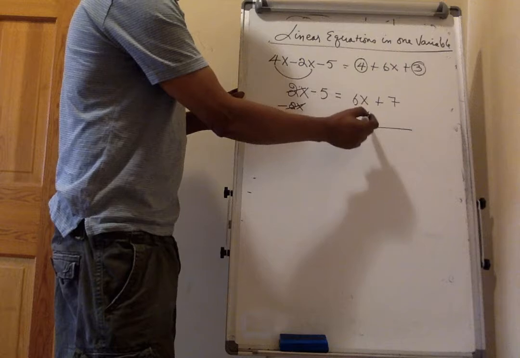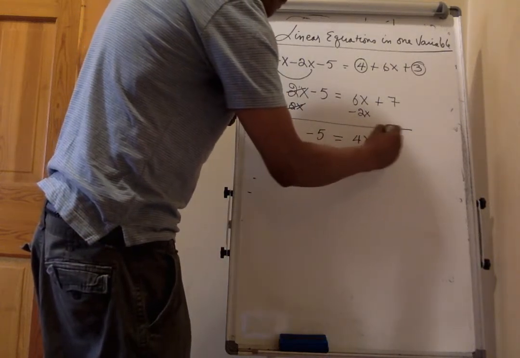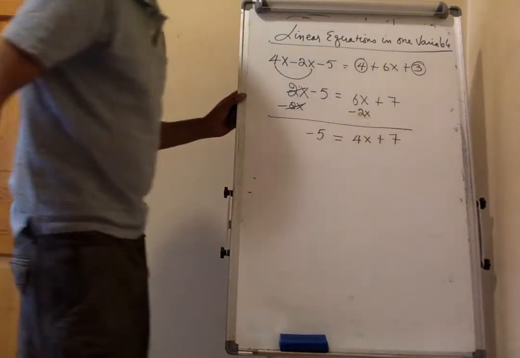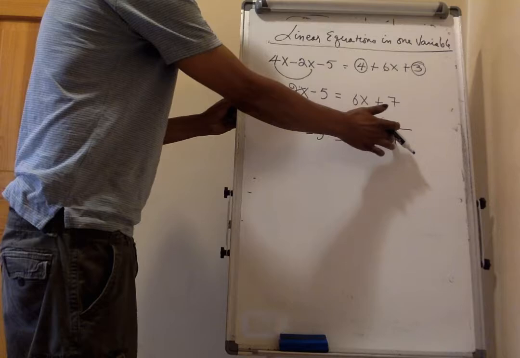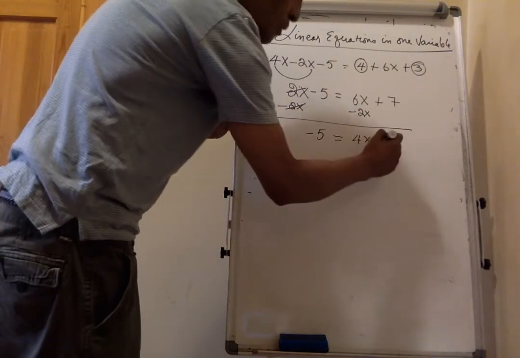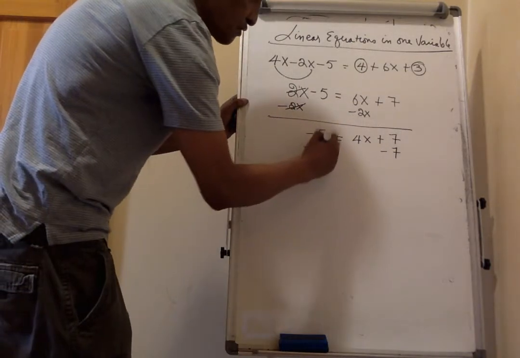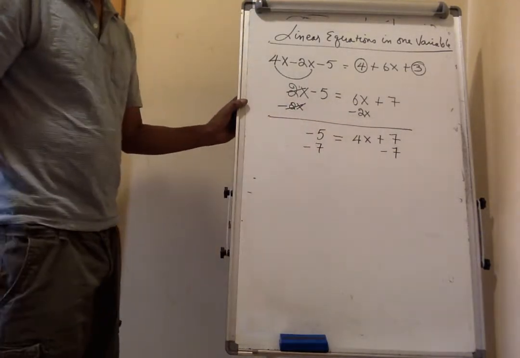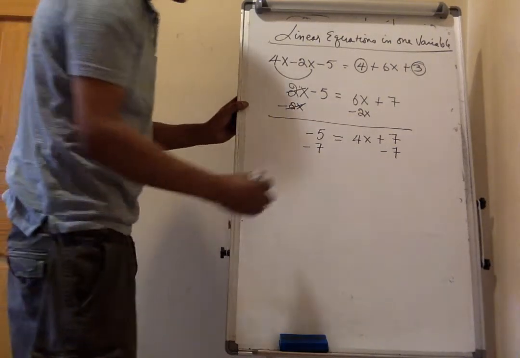And 6x minus 2x gives us 4x plus 7. I have to get rid of 7 in here and move it to the other side, meaning I have to subtract 7 from here. I also have to do it on the other side. So whatever I do here, I also have to do here.